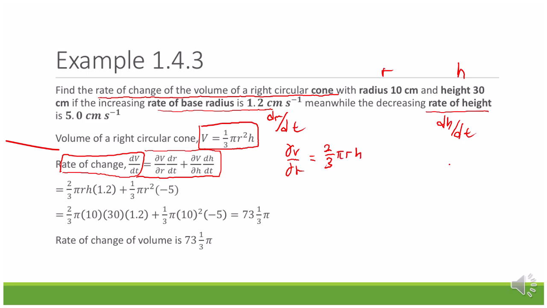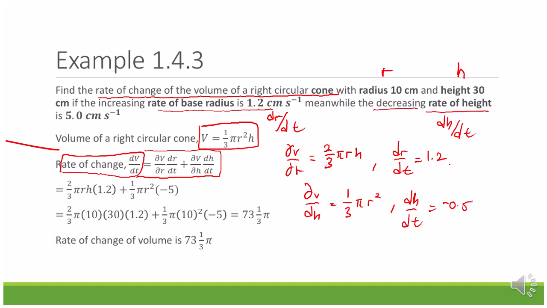Then we need to consider dr/dt, which is already given as 1.2, and then dV/dh, where we need to differentiate with respect to h, which gives 1/3 pi r squared. And dh/dt is negative 0.5, because it is mentioned as decreasing.